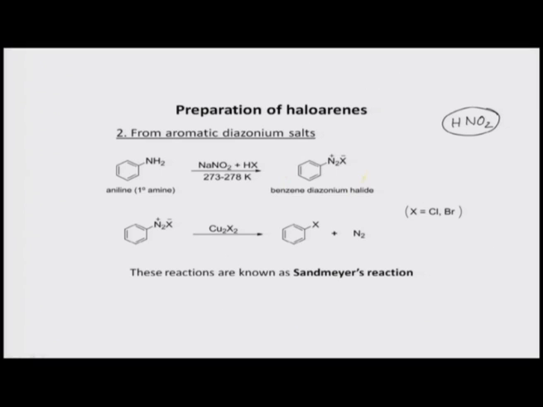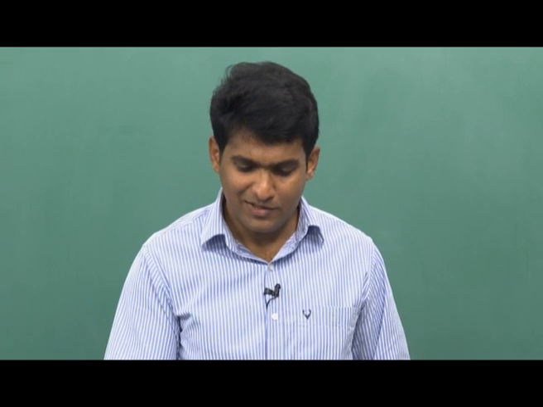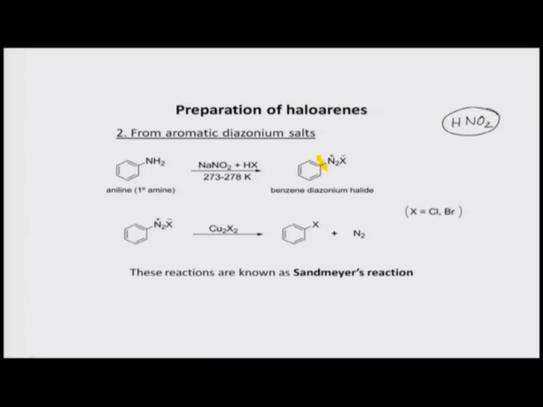So, we get a benzene diazonium salt where an aromatic ring is attached to a nitrogen group with a positive charge. It is not just one nitrogen; there are two nitrogen atoms. This carbon-nitrogen bond can be cleaved quite easily, and an N2 molecule is a very stable molecule.